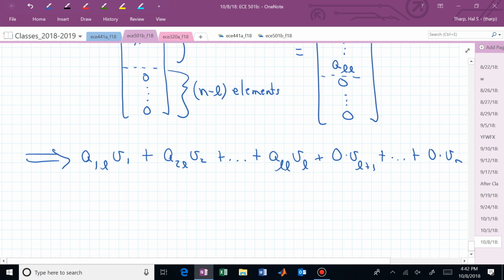But what does that say T v sub L is expressible as?